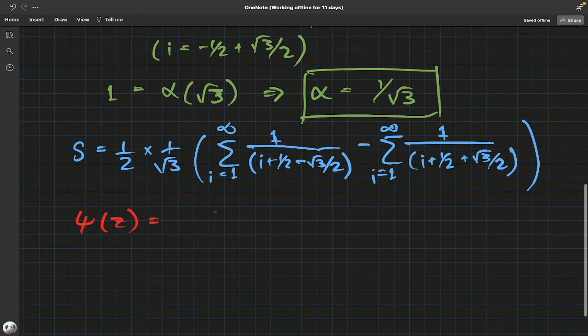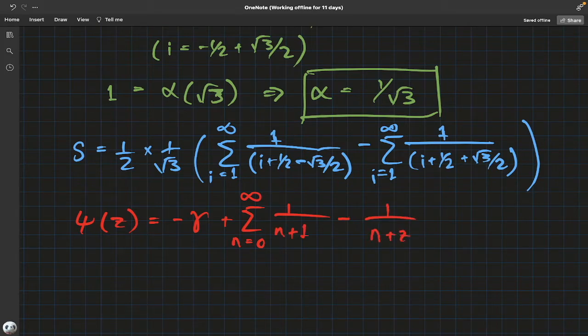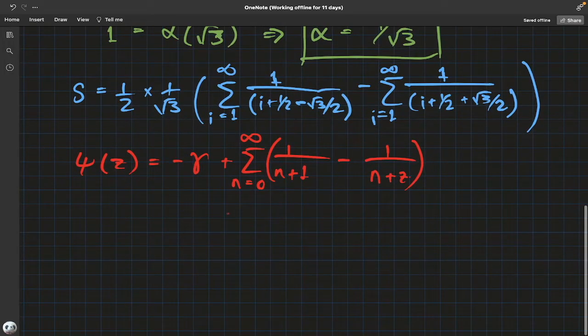The formula for the infinite series representation of digamma is negative Euler-Mascheroni constant plus the sum from n equals 0 to infinity of 1 over n plus 1 minus 1 over n plus z. I proved this in a video, check that out.